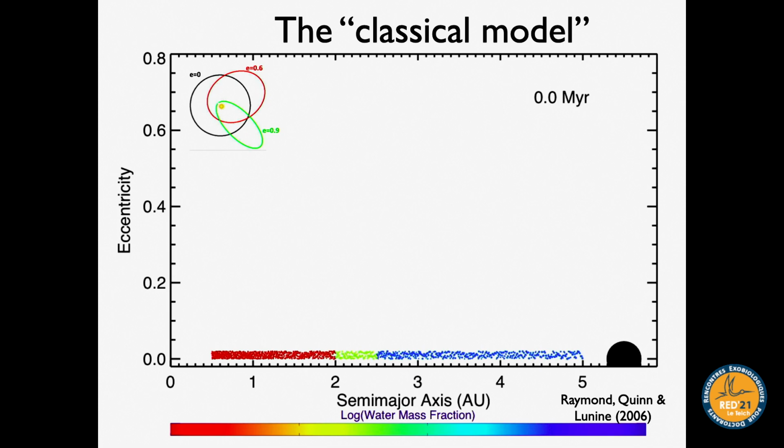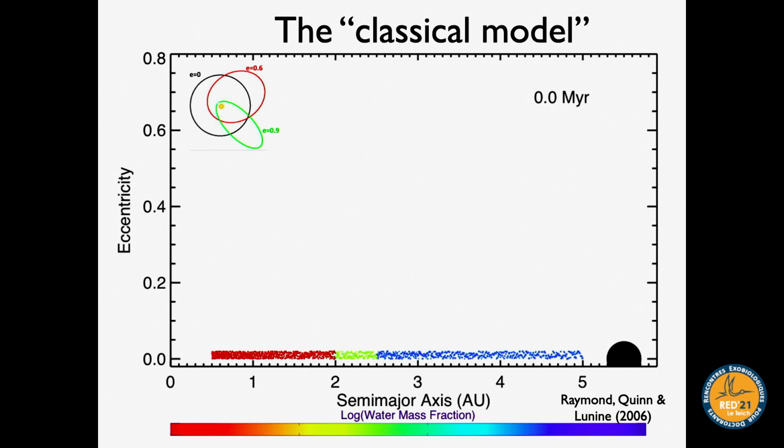What you're going to see in this simulation is that the y-axis is orbital eccentricity, the x-axis is orbital distance, semi-major axis, and each dot that you see here is a small growing planetary embryo. Its color represents its water content. Red means dry, dark blue means it has some water, about 5% water.